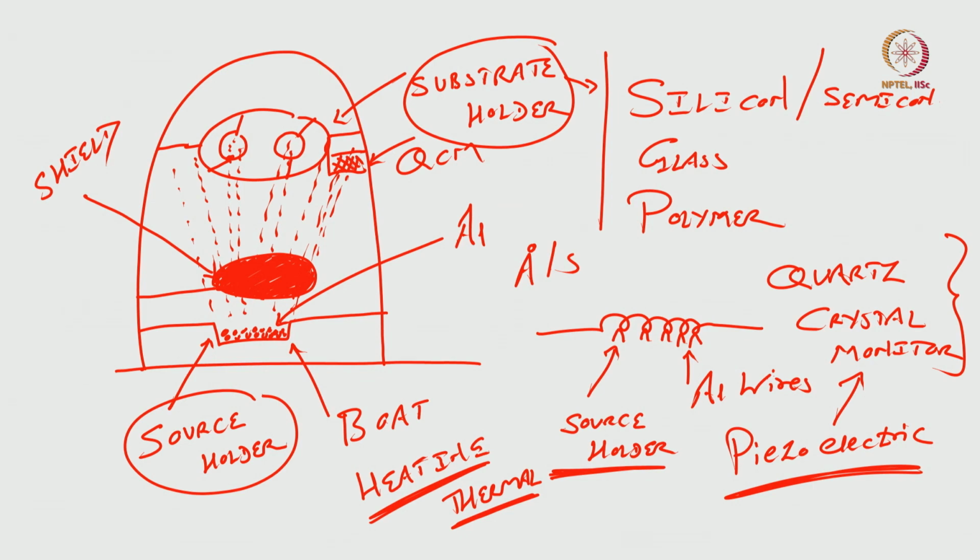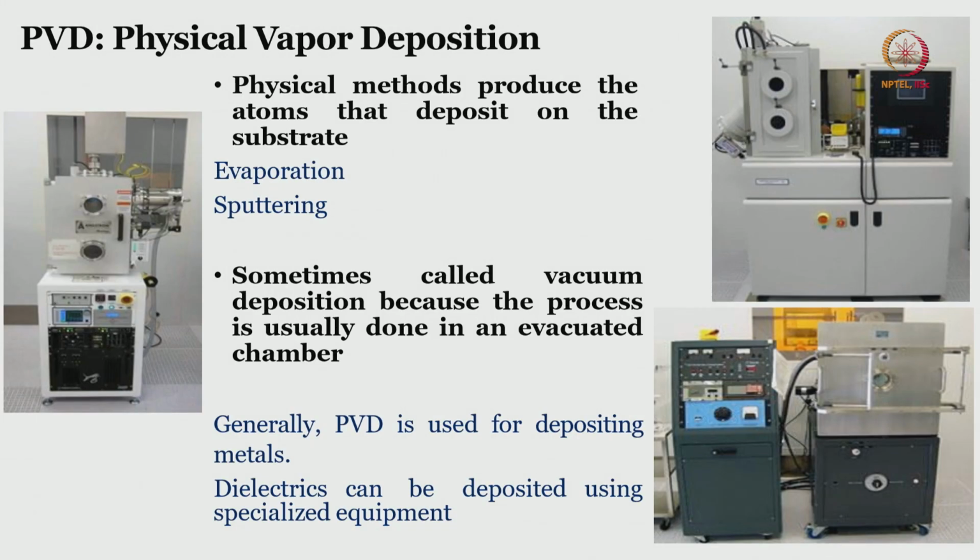We want to melt all the aluminum pellets or chunks or beads loaded onto the boat before we open the shield so that the evaporation starts. How to observe this melting is by using the bottom window. Understood the role of the window? The windows are to observe whether the melting is done or not.